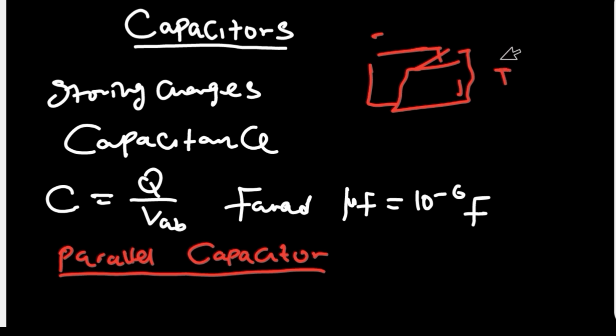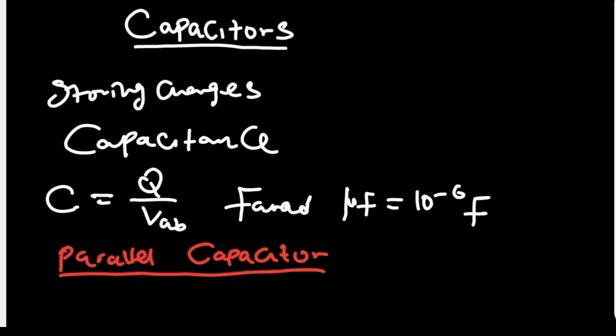Without wasting time, the formula for calculating the capacitance of a parallel plate capacitor is given by C equal to K epsilon naught A all over D. Where K is the dielectric constant, epsilon naught is the constant of permittivity, which is 8.85 times 10 to the power minus 11, A is the area of the plate.